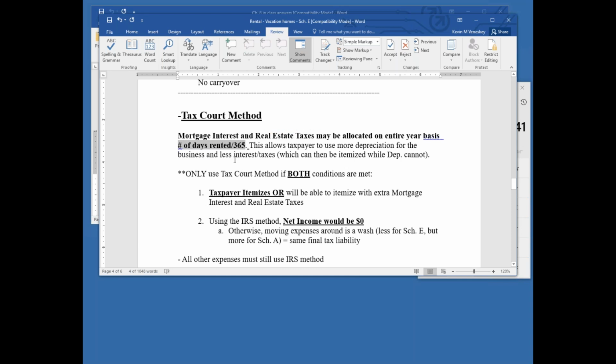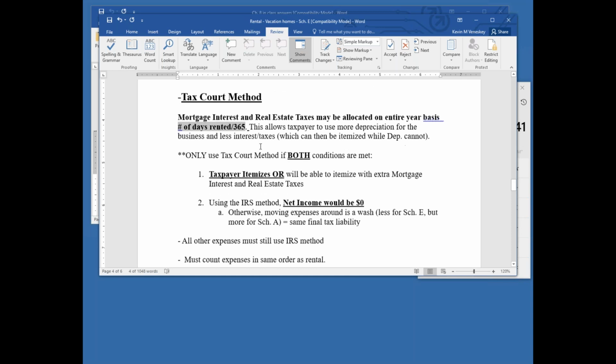So it's a much smaller percentage that you use on Schedule E. But then it's a much greater percentage that you can use as a Schedule A. So if you need help getting your Schedule A up to be able to itemize, or perhaps these numbers are really high, meaning you cannot take any depreciation because you've already hit zero and you can't take a loss, then you could take less of your mortgage interest and real estate taxes, move those to Schedule A, and take more for the depreciation.